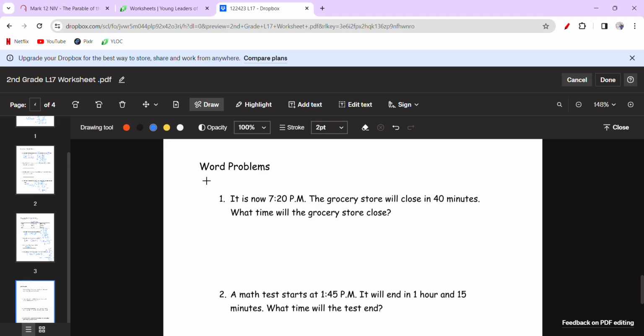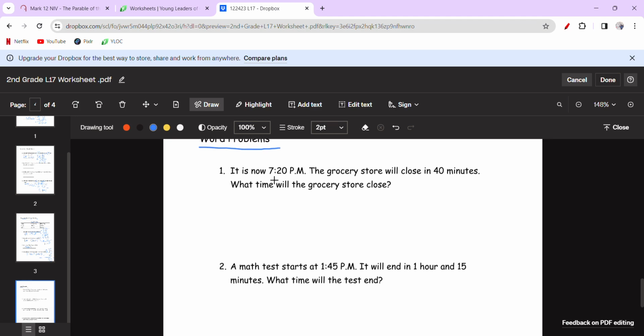Wonderful. Moving on to word problems. It is now 7:20 p.m. Let's bring out a highlighter. 7:20 p.m. The grocery store will close in 40 minutes. What time will the grocery store close? Okay, so we know that right now the current time is 7:20 p.m. The grocery store will close in 40 minutes. So we have to see the time after 40 minutes, right?